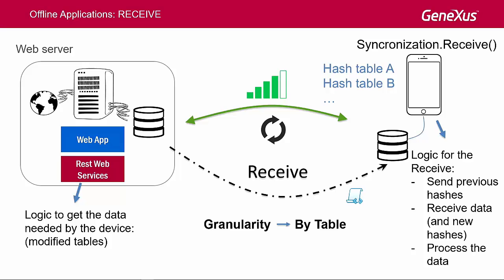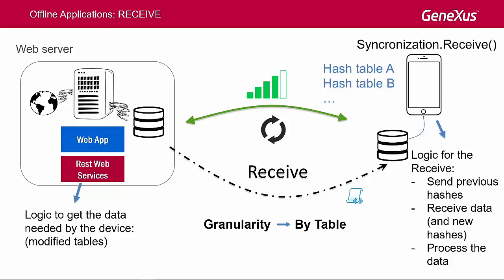For each table, the server calculates a new hash with the current data after applying the filters set in this device, and only sends the table's data when the new hash is different from the previous one. That is to say, only the data from tables that were changed are sent. If the table wasn't changed since the last synchronization, for this table no action is performed. Messages are sent in JSON format.